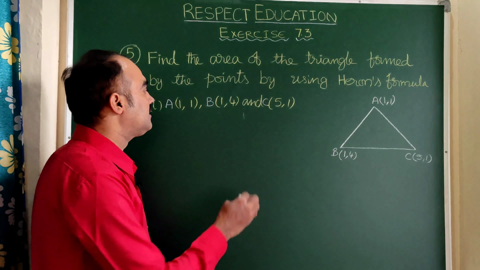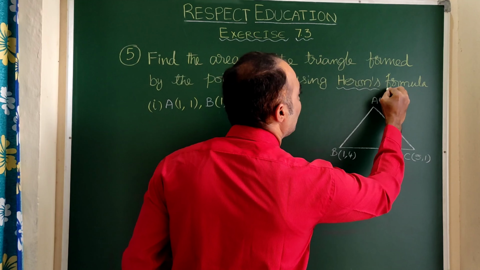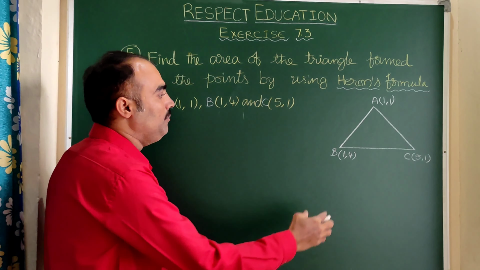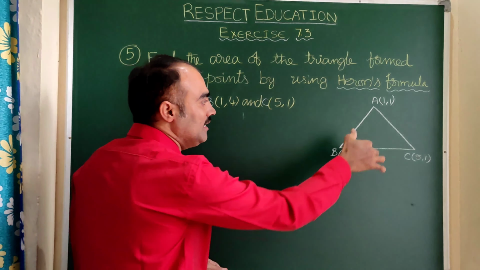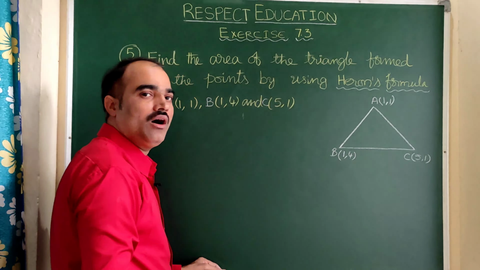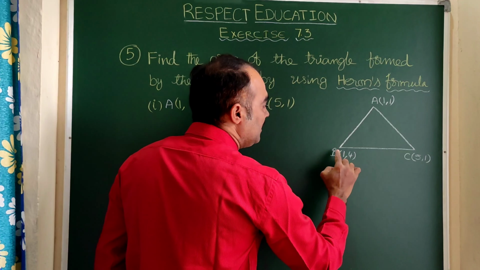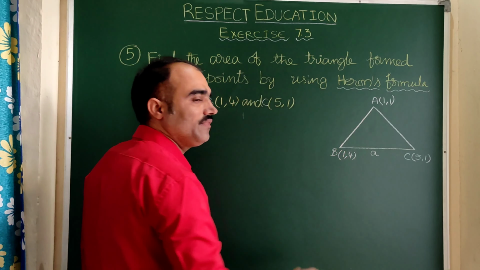Now here it is clearly asked that we need to use Heron's formula. Heron's formula indicates that the lengths of BC, CA and AB are to be known. That means now we need to find the distance between B and C. Let us take it as small a.